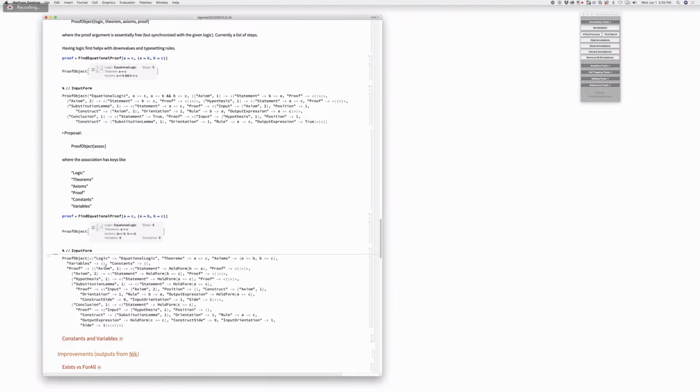Nick, what is your objection to having the first three arguments like that, and then in the fourth argument having an association? Well, my objection was that it's not always the case, I think. For example, theorems can be dropped. For example, I can make a proof object that's just generated by completion.